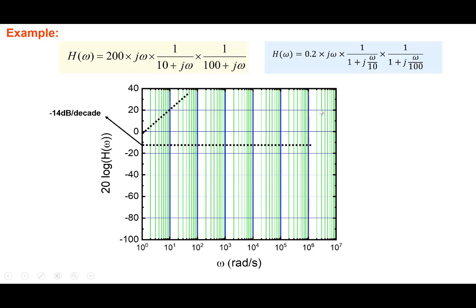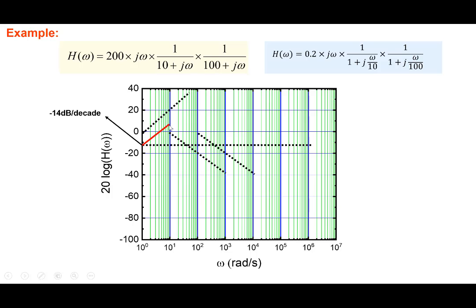The third term, we have seen this third term here, so it will be 0, and then at 10 radians per second, it will decrease like this here. And then the fourth term will decrease in this particular manner here. So let's combine all of these terms together. We start here, so it starts from minus 14 dB, and we add this constant term minus 14 and this together.